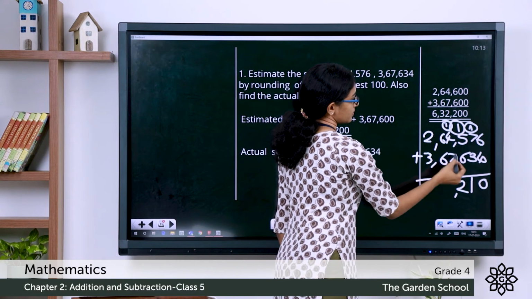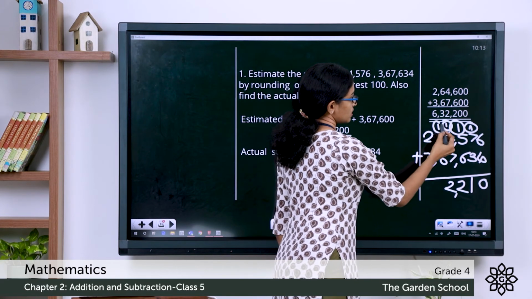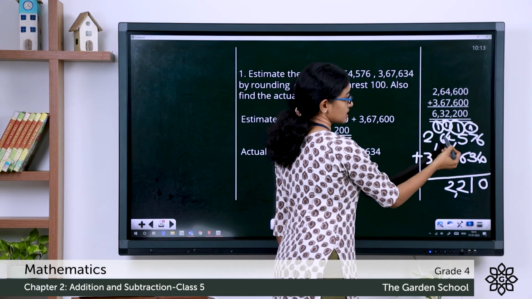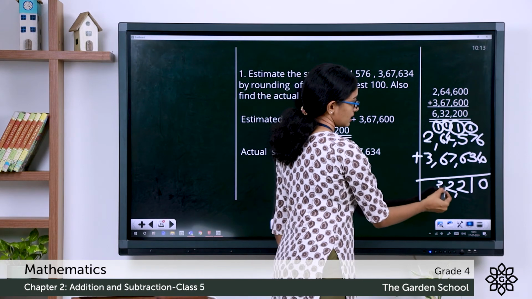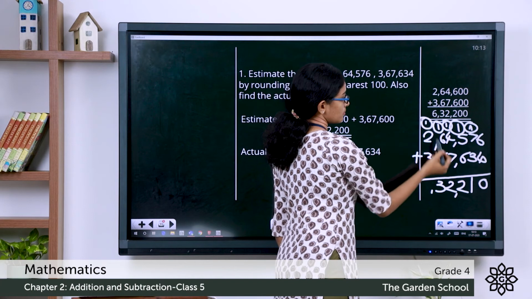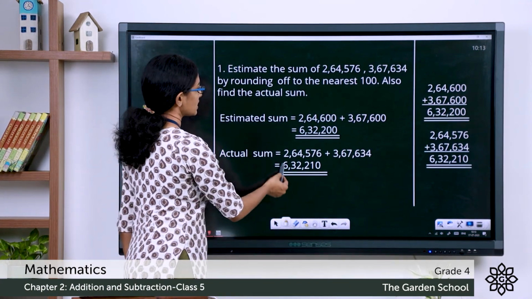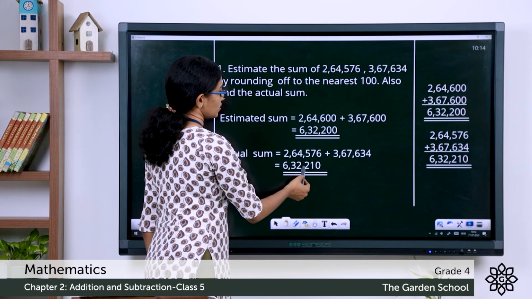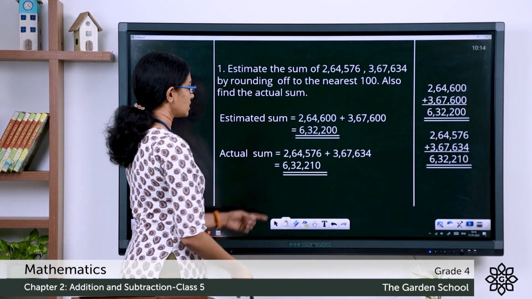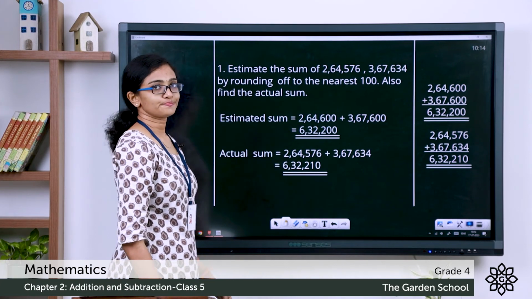A carry over. 7 plus 4, 11 plus 1, 12. Carry over. 6 plus 6, 12 plus 1, 13. A carry over. And here is 3 plus 2, 5 plus 1, it's 6. What is the actual sum? That is 6,32,210. Here, the actual sum is greater than the estimated sum.